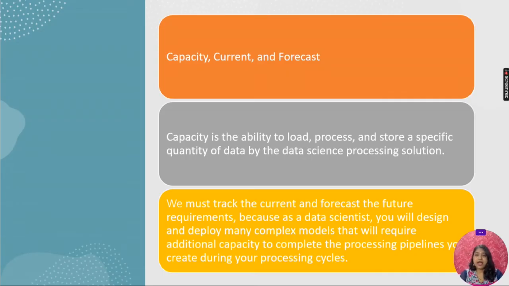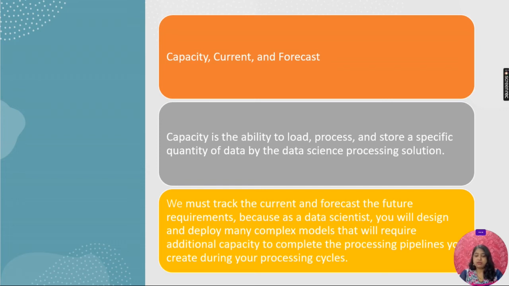Capacity, current and forecast. So what is capacity? It is the ability to load, process and store a specific quantity of data by the data science processing solution. We must be able to keep track of current capacity and forecast the future requirement, because as a data scientist you will design and deploy many complex models that will require additional capacity to complete the processing pipeline.